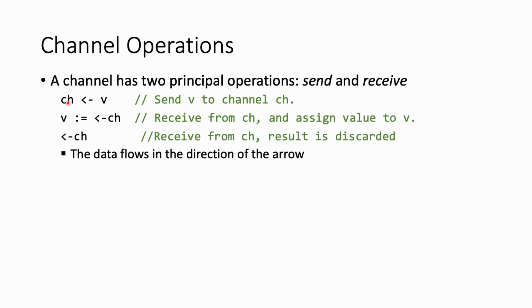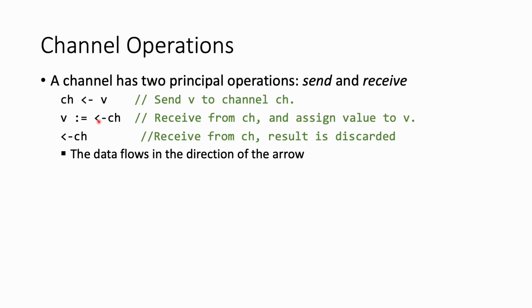So in a send operation, the left-hand side of the arrow is a channel and the right-hand side is a value to be sent. For example, the statement ch <- v is the operation that sends value v to channel ch.